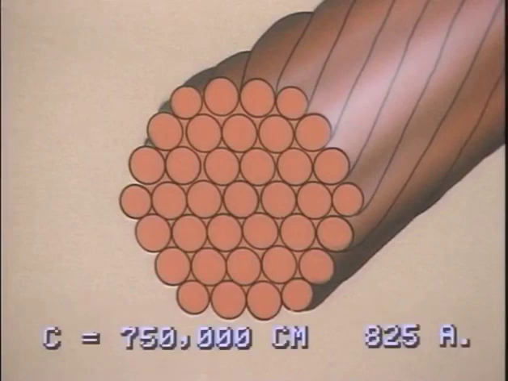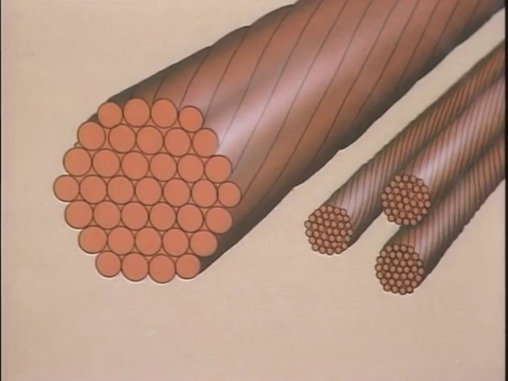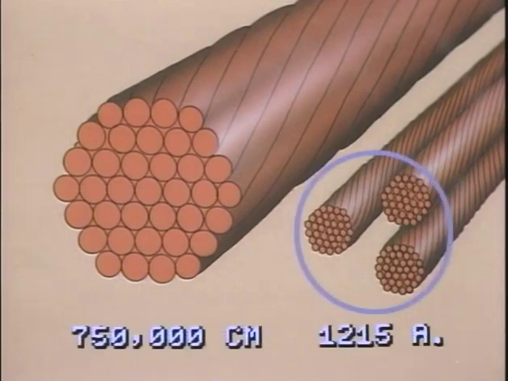For example, conductor C is 750,000 circular mils and has an AC carrying capacity or rating of 825 amps. If 3 A conductors are strung in parallel as a bundle, totaling 750,000 circular mils, the AC current rating is increased to 1,215 amps, a current rating that's greater than the current rating for one conductor of the same circular mil area.